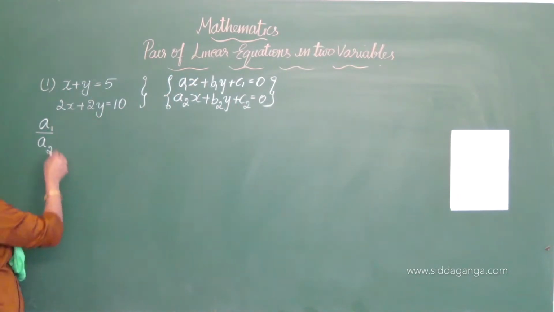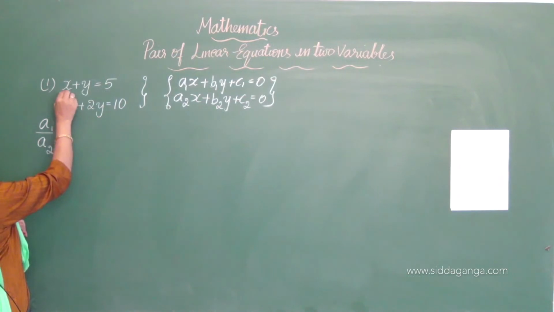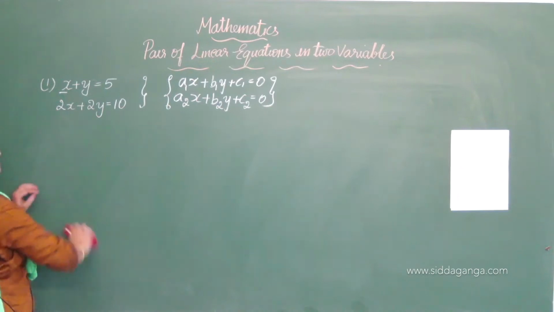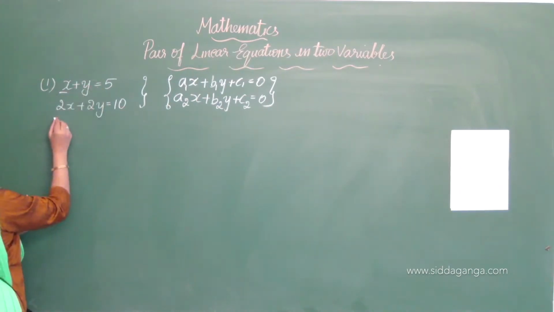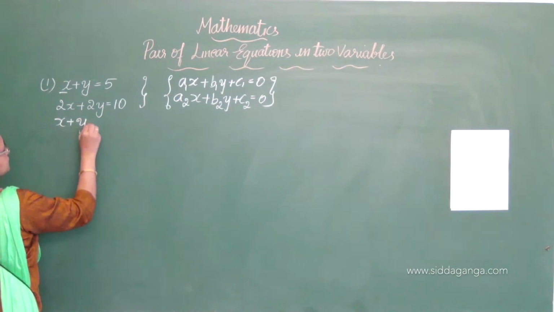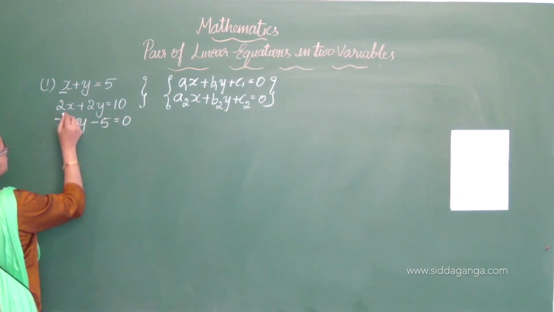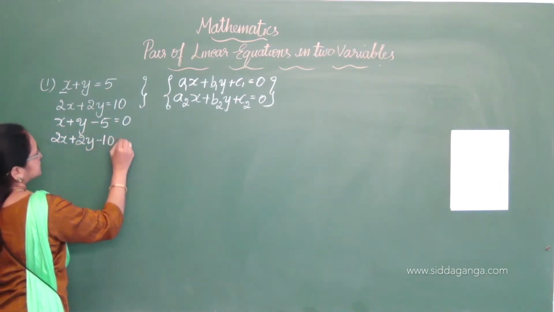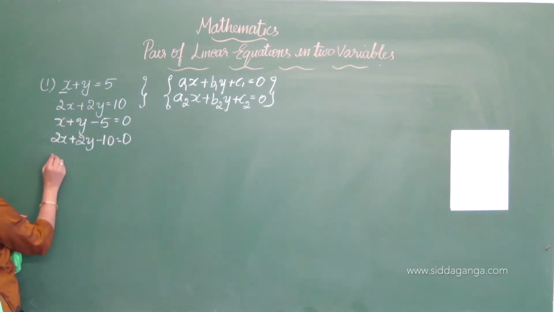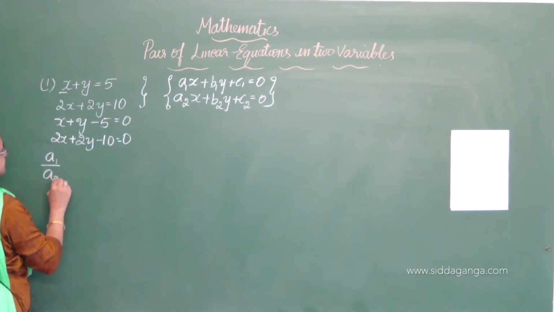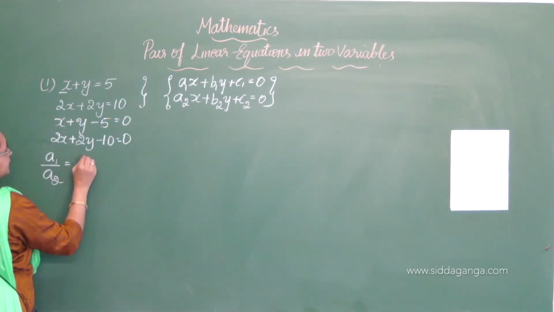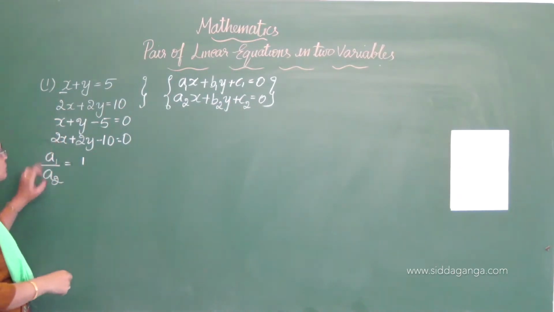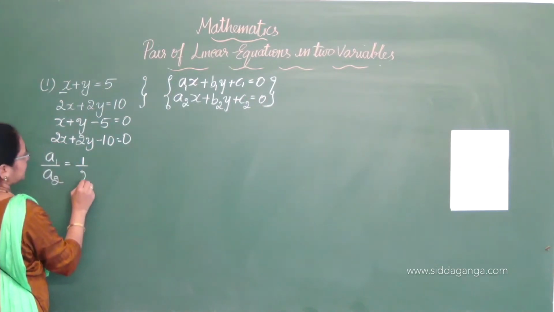Now if you want to compare A1 by A2, before comparing, I told you in the previous sum, you have to bring it to the standard form, that is x plus y minus 5 is equal to 0, then 2x plus 2y minus 10 is equal to 0. Now let us compare. A1 by A2: here A1 is 1, the numerical coefficient is 1, and this is 2, so 1 by 2.